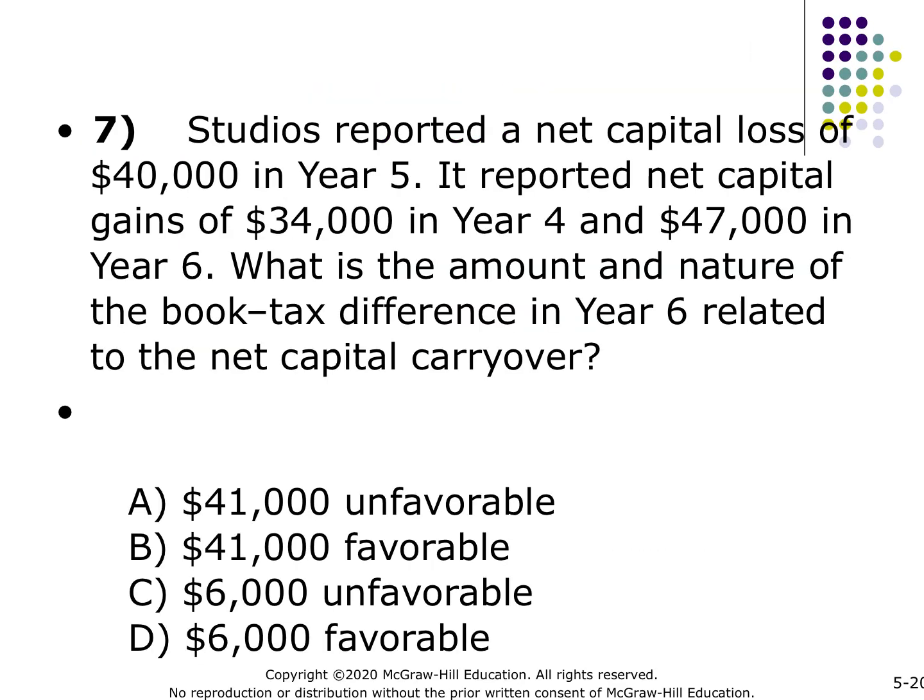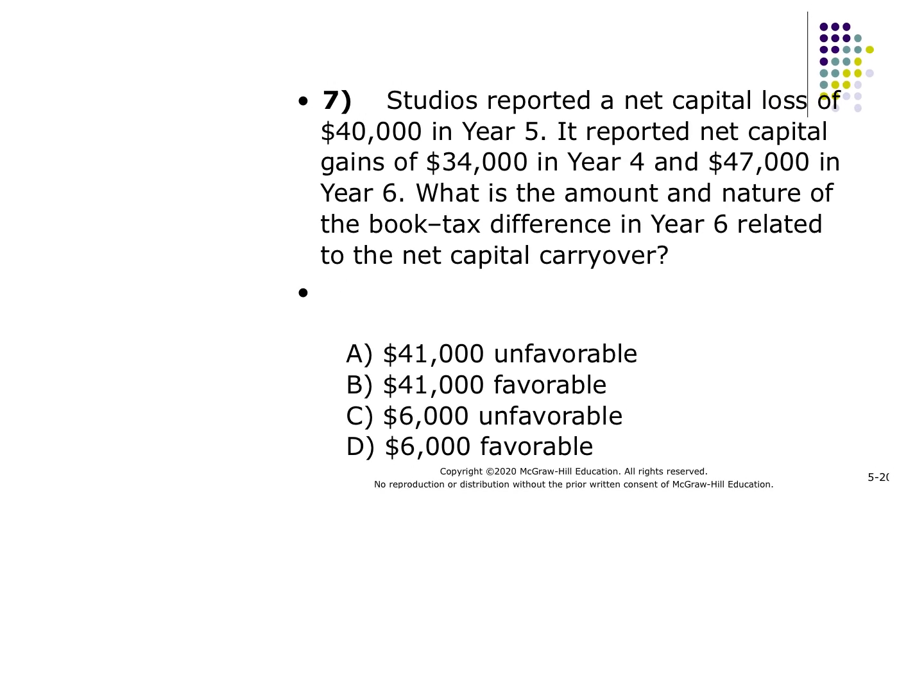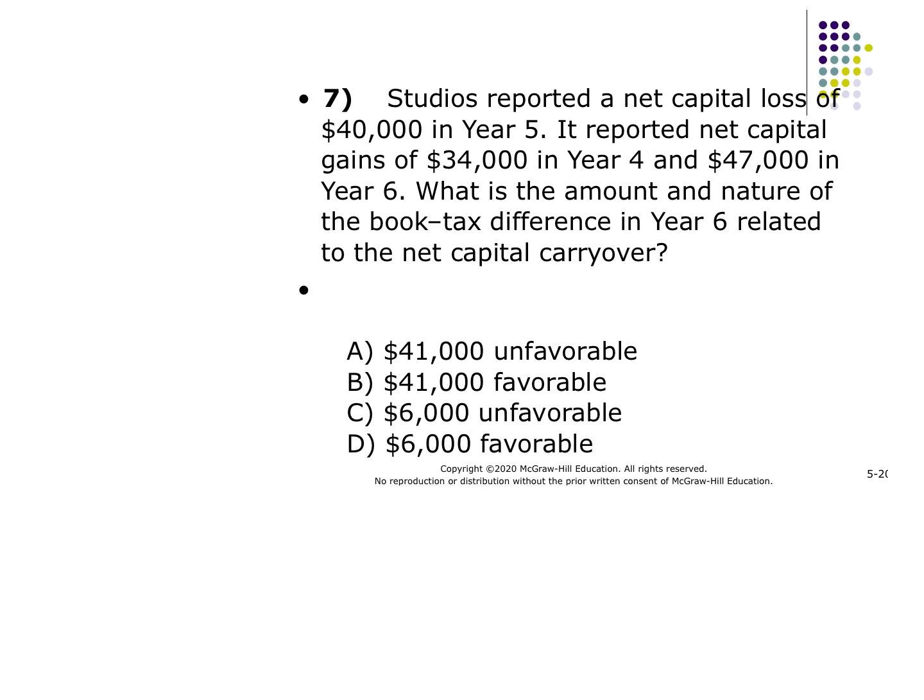All right, so let's look at our next graded problem. So number 7, Studios reported a net capital loss of $40,000 in year 5. It reported net capital gains of $34,000 in year 4 and $47,000 in year 6.